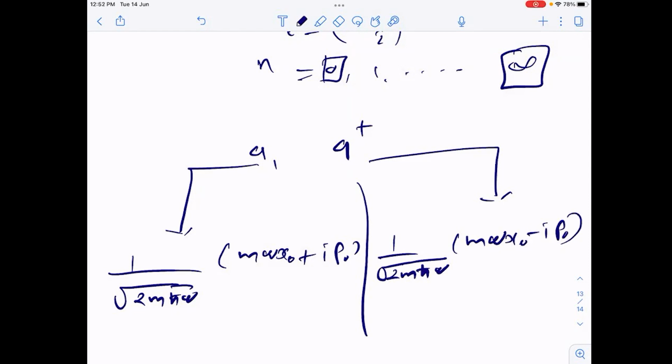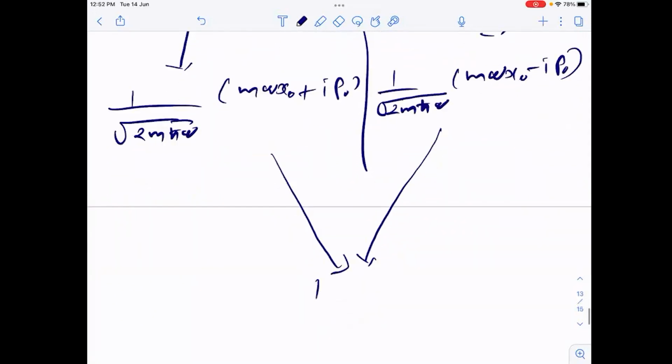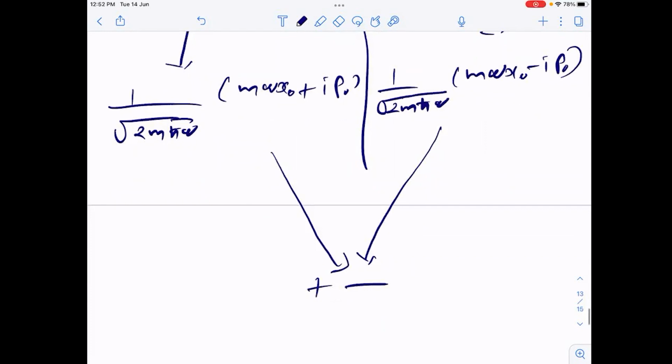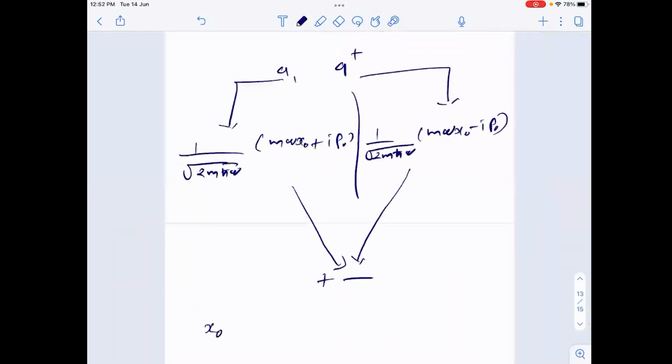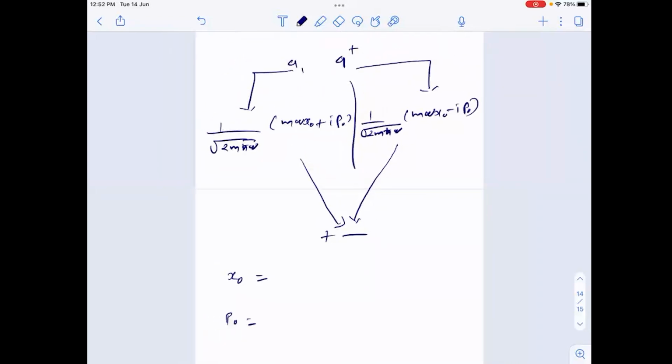So if you add and subtract these two equations, you can obtain x0 and p0. What you get from here is that you get them in terms of A and A dagger, right?